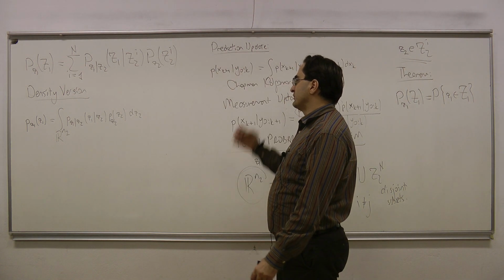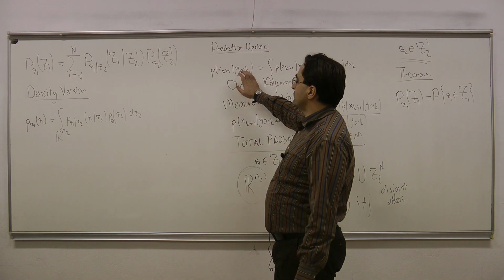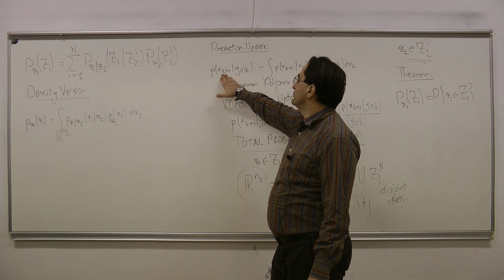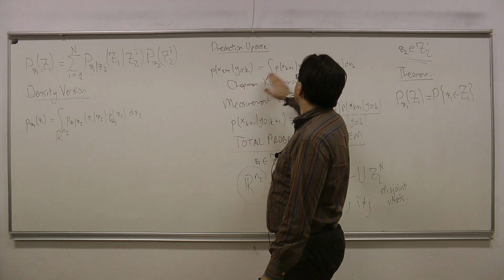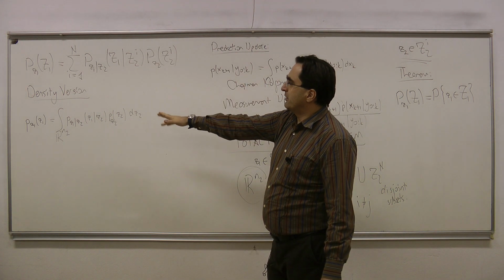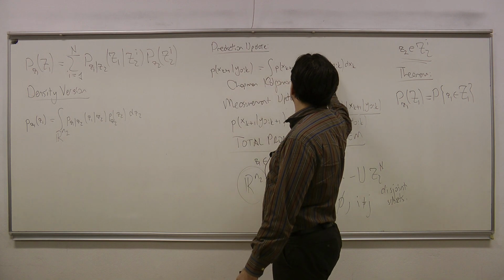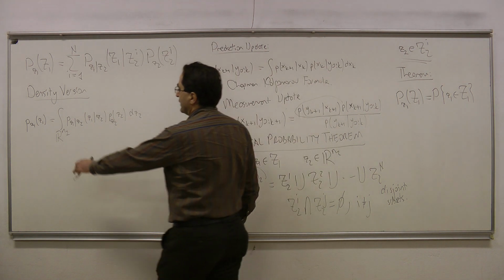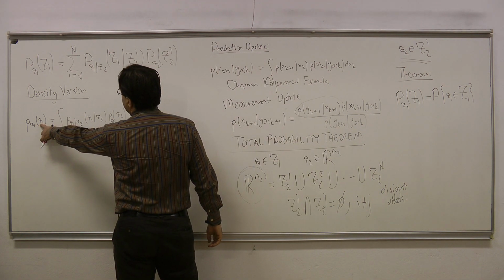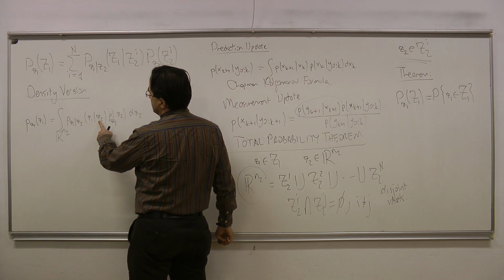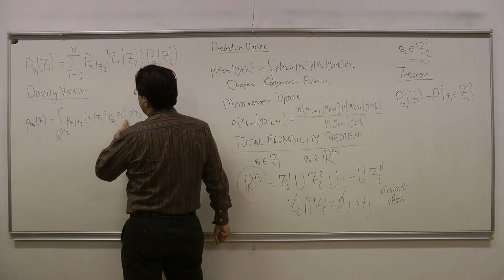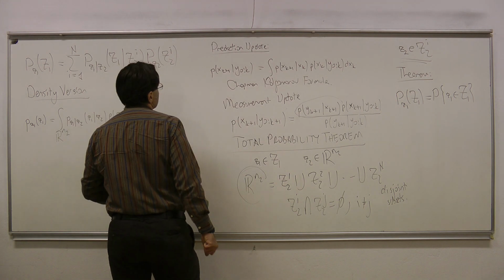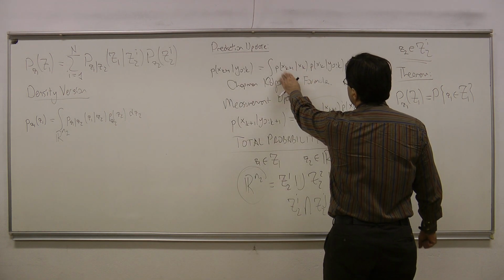But the density version is important, and you would see that it is actually looking like this. When I try to express the distribution, these conditionings really are not important here. We are going to give another density version with some conditionings here. But the thing that you need to see here is that in order to be able to write the distribution of Z1, we added an additional random vector, Z2, and then we have written this marginal distribution in terms of conditional distributions, etc. So it's actually looking like this one.